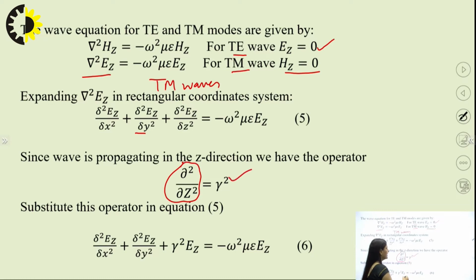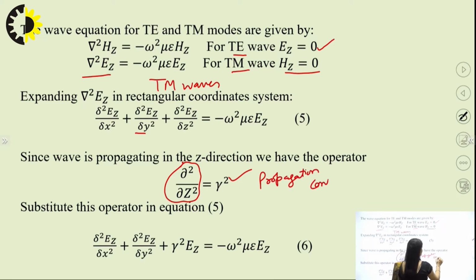Gamma is here the propagation constant. Now substitute this operator in equation number 5. It can be rewritten as del square Ez upon del x square plus del square Ez upon del y square, and in place of del z square I will write gamma square Ez, equal to minus omega square mu epsilon Ez.